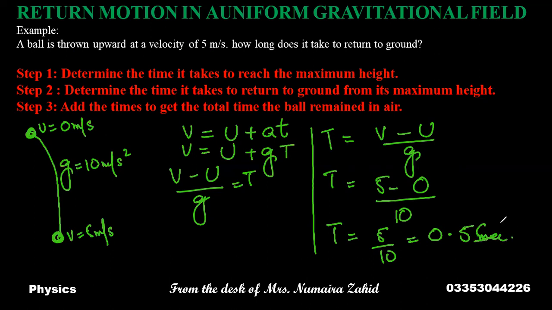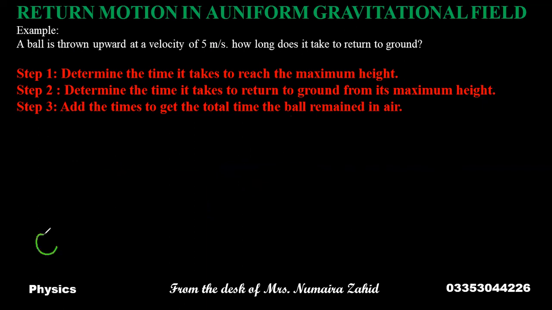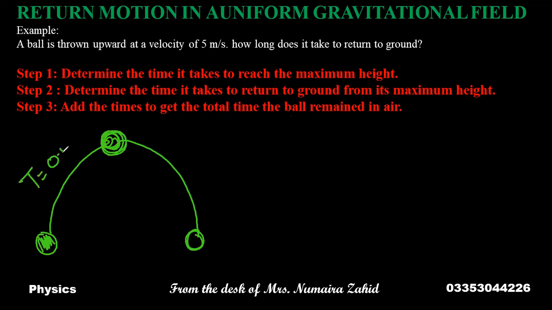Okay. So add the times to get the total time the ball remained in the air. When we add the two times, as we know the ball reached its maximum height and returned to the ground: the time taken to reach the maximum height is 0.5 seconds, and the time to reach the ground again is 0.5 seconds.